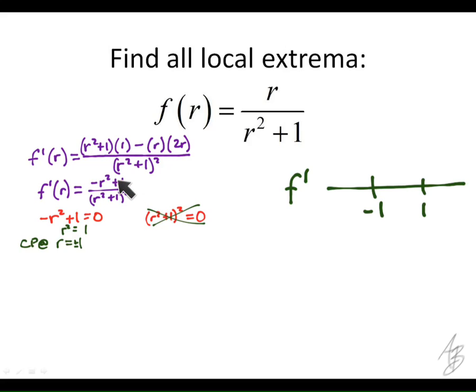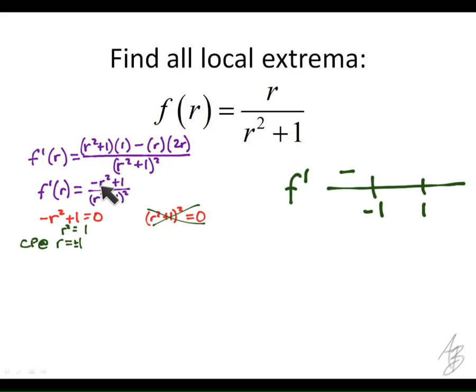Everybody follow that? If you didn't, you could just try plugging in negative 2 and actually do the work. On the bottom, we're always going to get what? A positive, right? So whatever the top is going to tell us the sign. So on top, we're going to end up with a negative. You guys agree with that? If we put 0 in there, 0 is between negative 1 and 1.